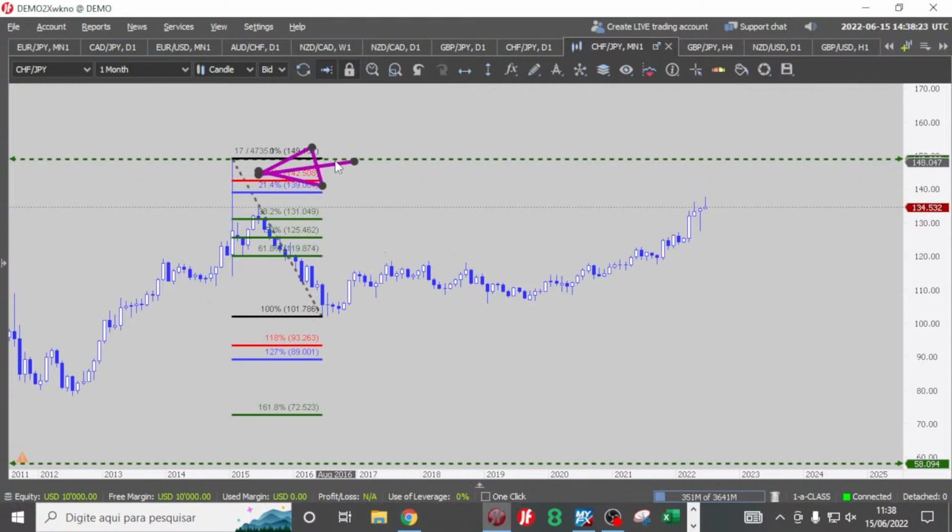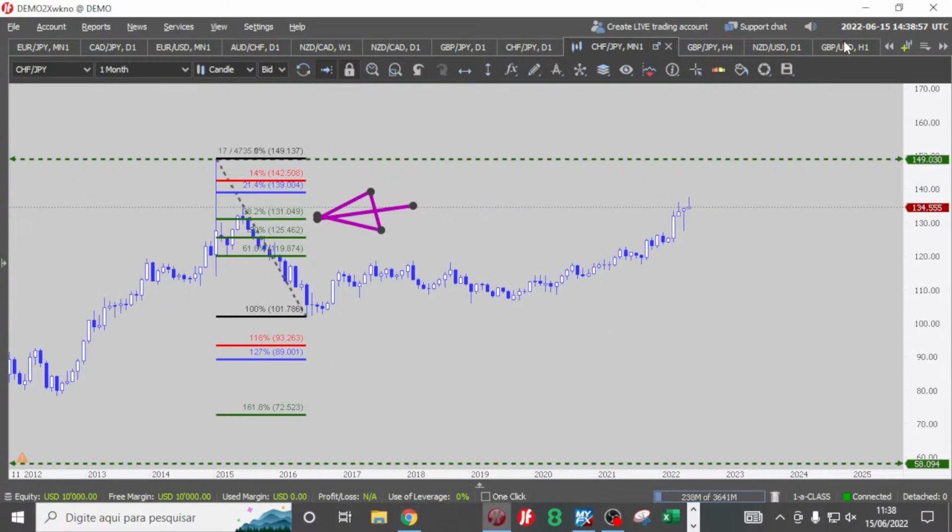You don't have a down Fibonacci on the weekly, but you do have a down Fibonacci on the monthly, talking about CHF JPY. Okay, everybody? The monthly is okay, the weekly it's up. Tomorrow, yes, sure, tomorrow we're going to draw Fibonacci's on CHF JPY, right?